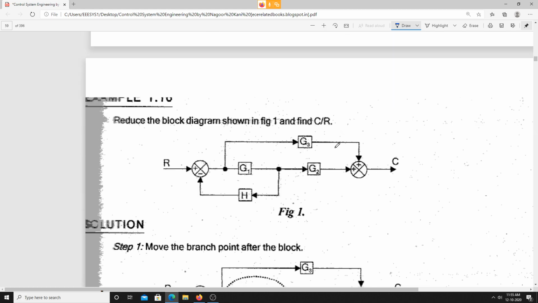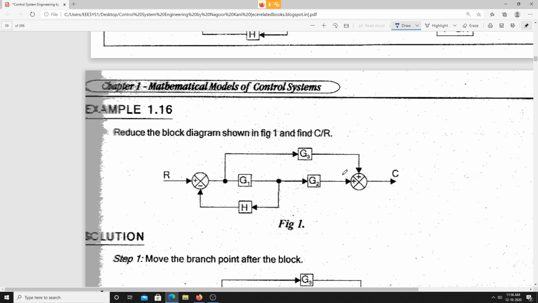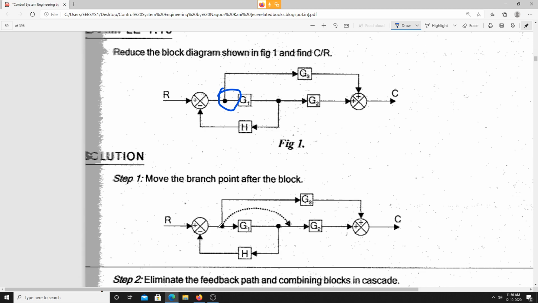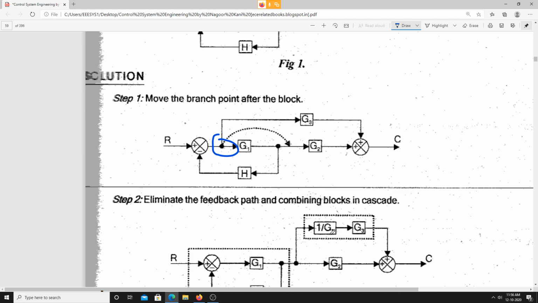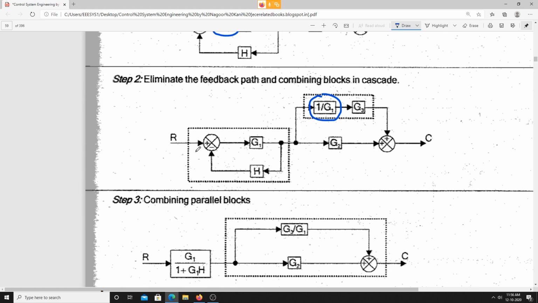First of all, this branch point can be moved here. I am moving the branch point ahead of this particular block, so I am supposed to create another block, that is 1 by G. In such a way I can do it.